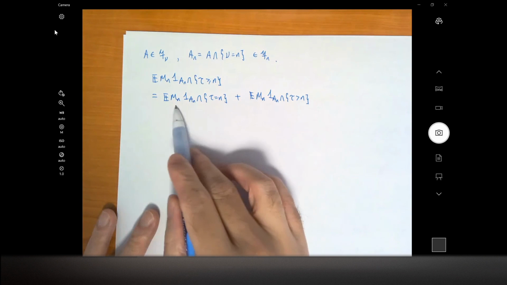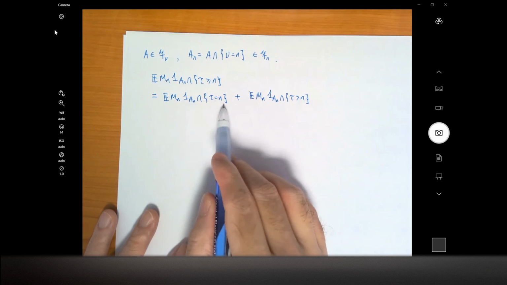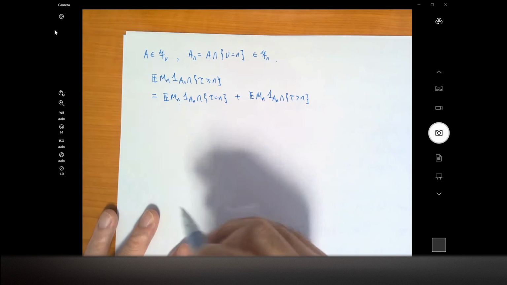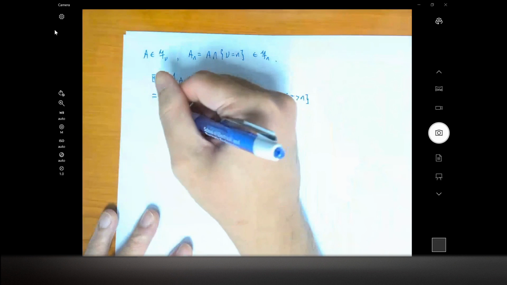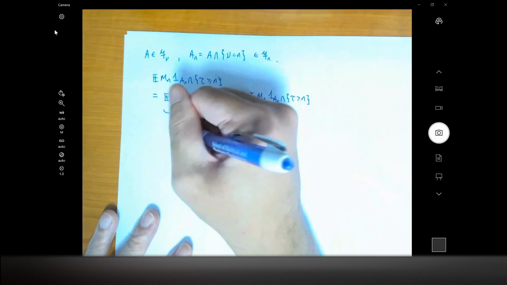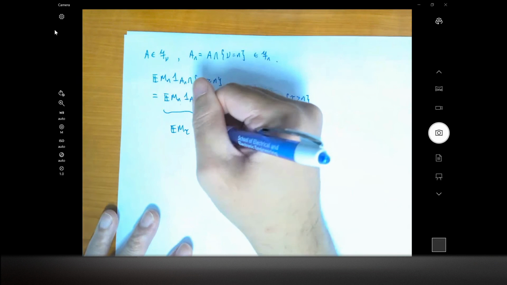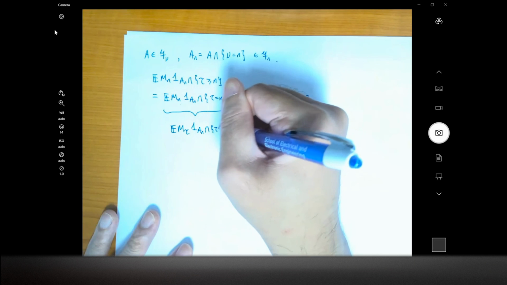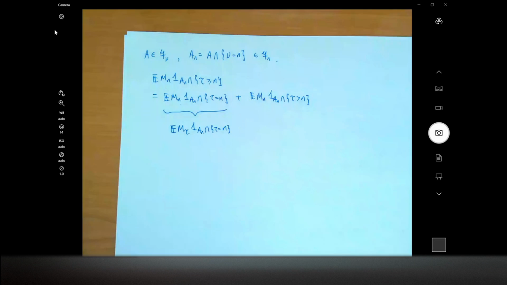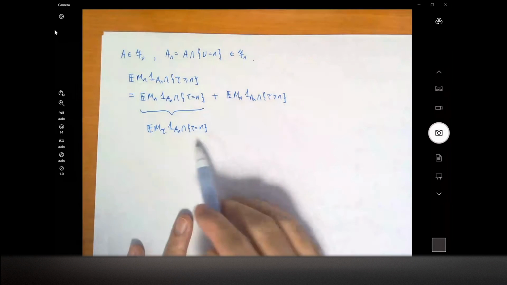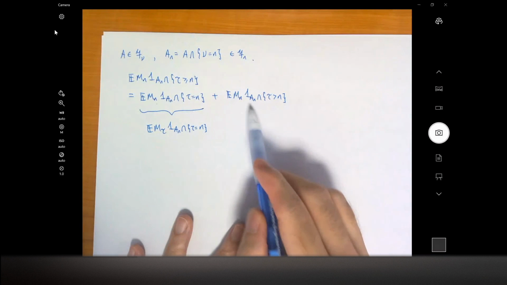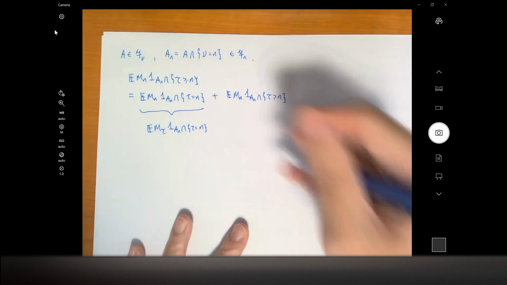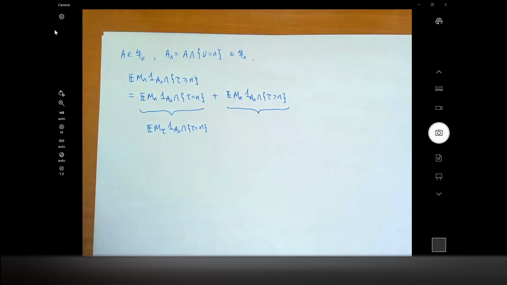If you look at this first part, where tau equals n, that means I can replace my n with tau. So this part is the same as M_tau. Now I want to find a way to replace the n with the tau in the other part.